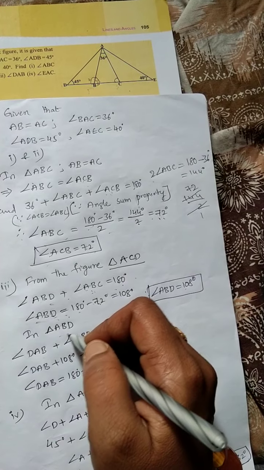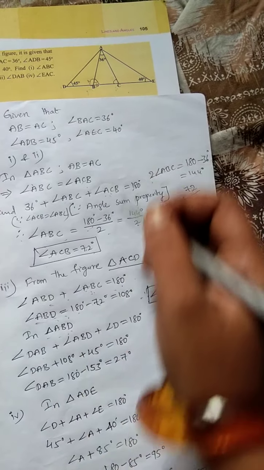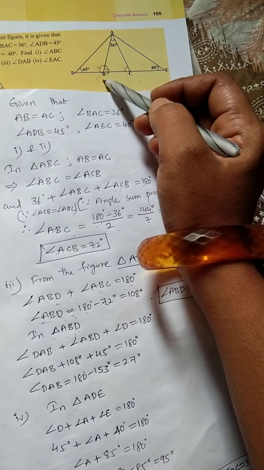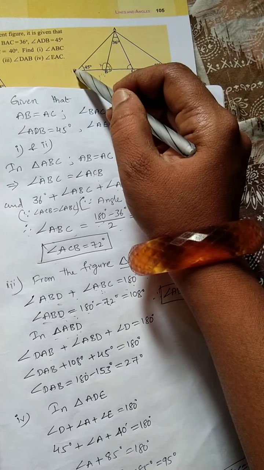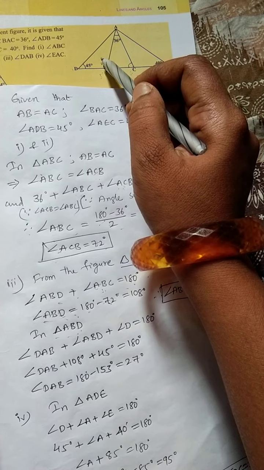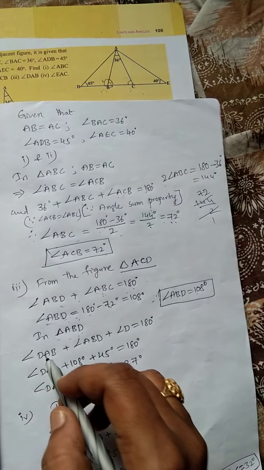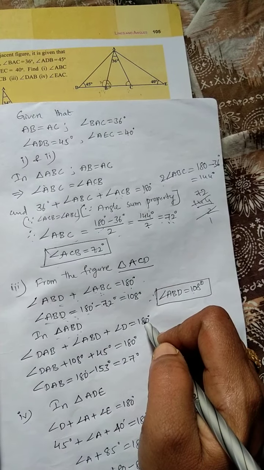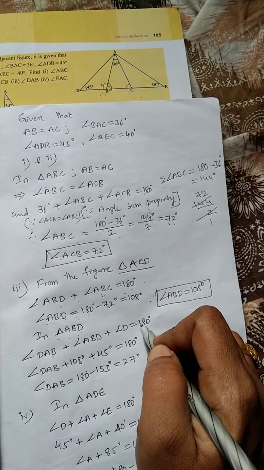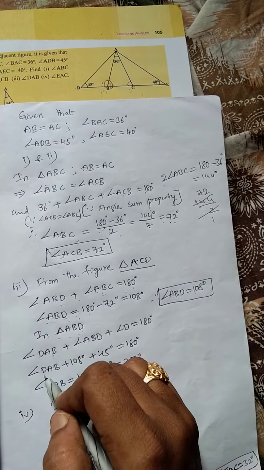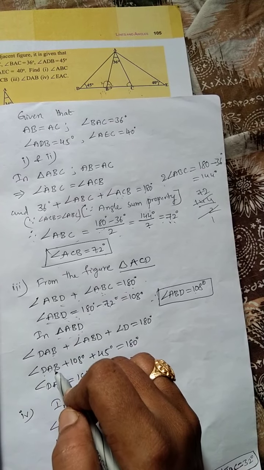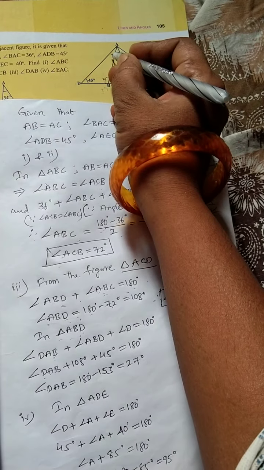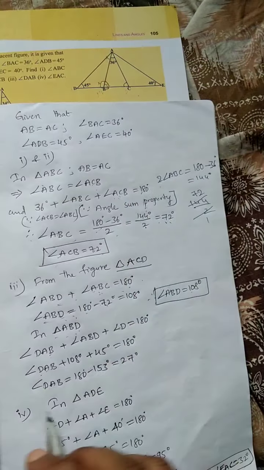Now take triangle ABD, this small triangle, this left side triangle. In that also I am taking the angle sum property: the sum of three angles in a triangle is 180 degrees. Now we need to find DAB, the angle here.